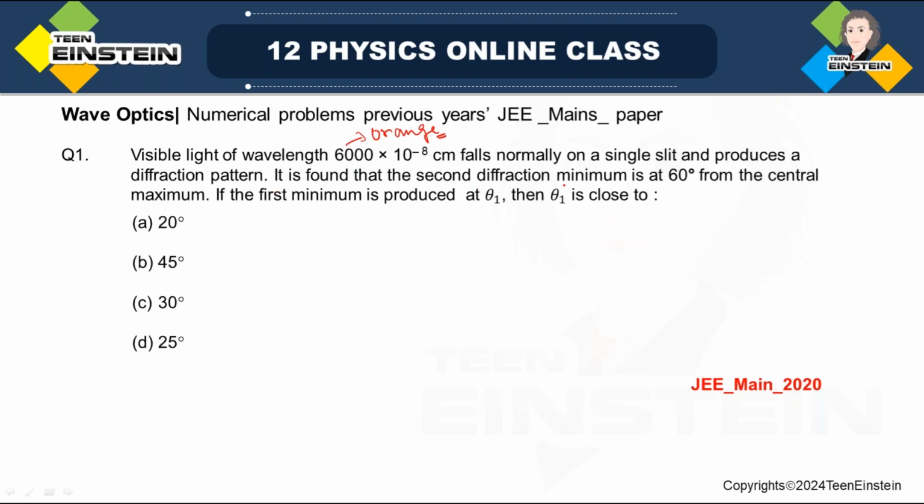It is found that the second order diffraction minimum is at 60 degrees from the central maxima. So the angle theta is given for the second order. The first minimum is produced at theta 1. Then what is the value of theta 1 close to among these four options?